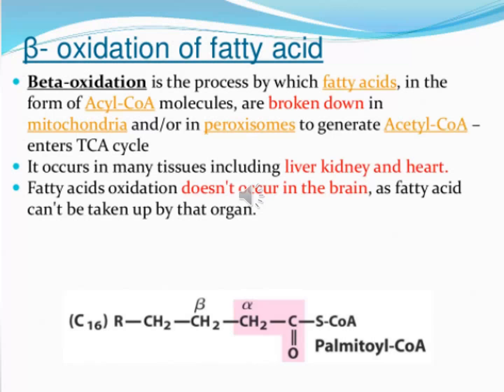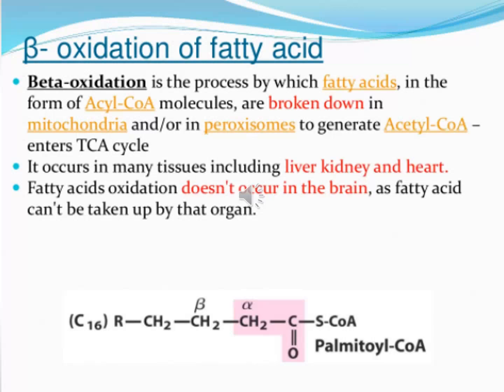This is the end product of beta oxidation, which then enters the TCA cycle for further metabolic processes. It occurs mainly in tissues including liver, kidney and heart, whereas it doesn't occur in the brain as fatty acids can't be taken up by the brain.